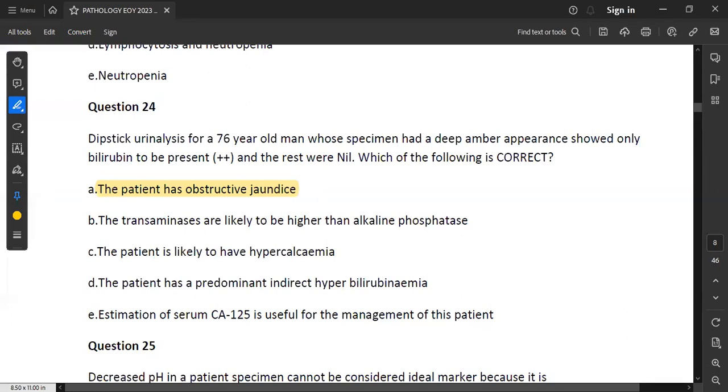And how about the conjugated bilirubin? Is it increased, decreased, or normal? I'll help with this one. This one is usually normal.